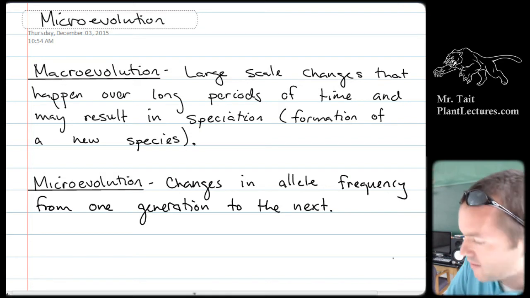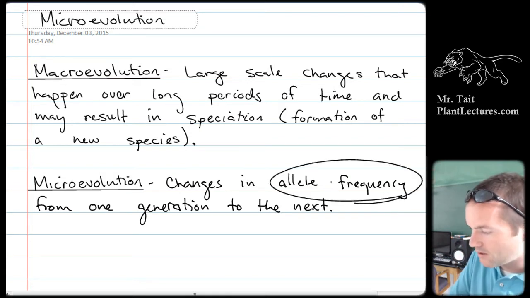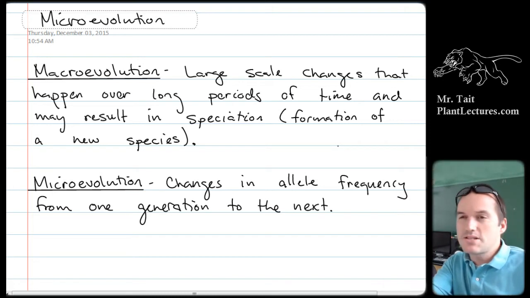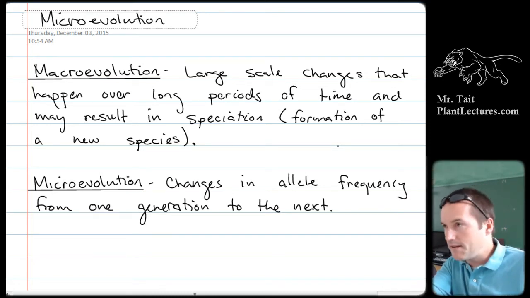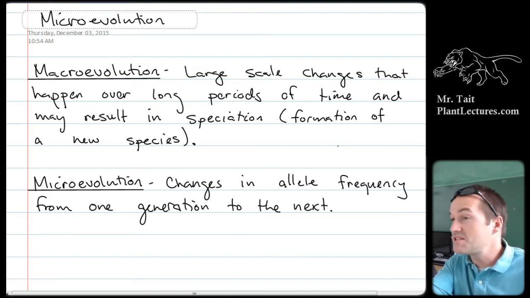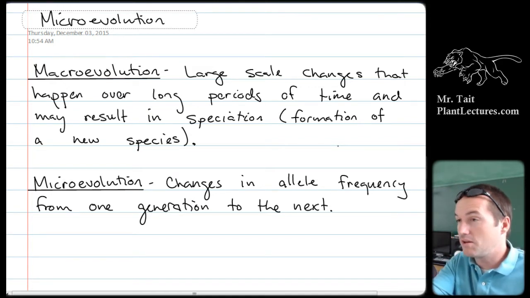And I want to talk about this term here, allele frequency, for a second. When I say allele frequency, I'm not talking about the frequency of any particular phenotype, right? So let's say, theoretically speaking, it's not true, but let's say that everybody in this room had brown hair, okay? That doesn't mean that the frequency of the blonde allele is 0 in here.